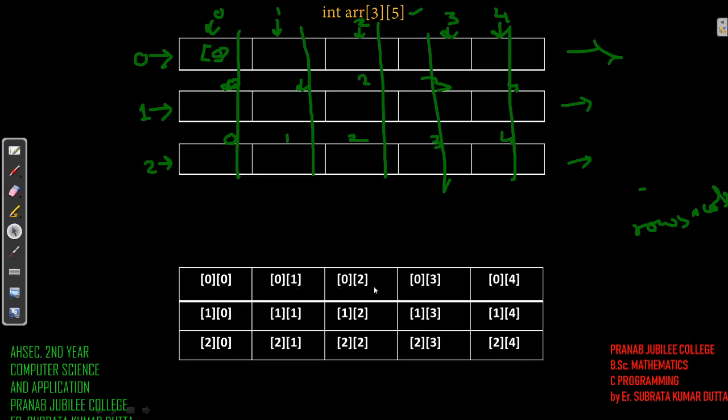Then 0, 2, that is, the row index value is 0 and the column index value is 2. This is the way we indicate. So whenever I have to take the element in this position, if the array name is ARR, we will write ARR[0][2]. When we write ARR[0][2], it will represent this position.